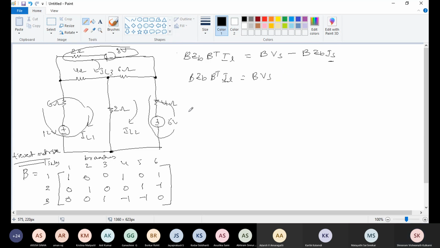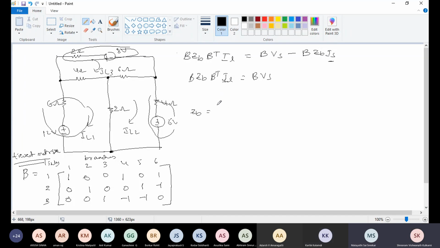Now I need to write ZB. How am I going to write ZB? ZB is the diagonal matrix. How many branches are there? 6.